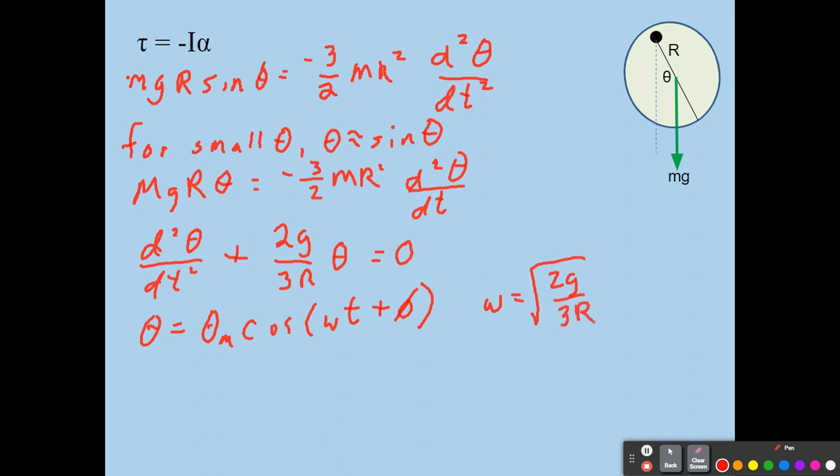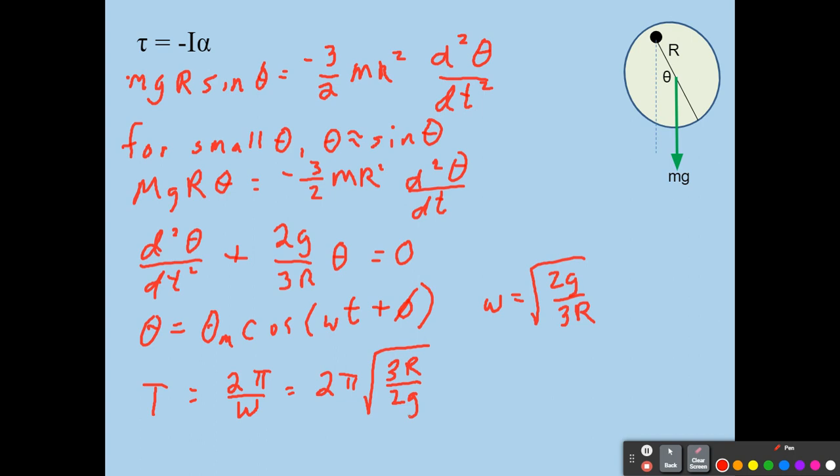Then if you need to find T, T is equal to 2 pi over omega, which will give you 2 pi times the square root of 3r over 2g. And you'll notice that this is really similar to the simple pendulum.